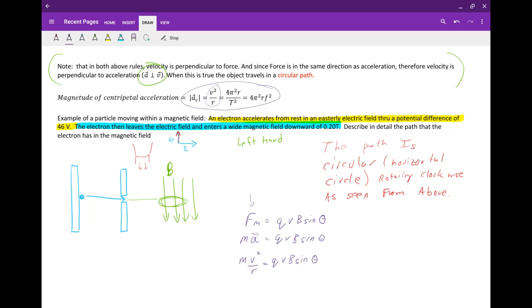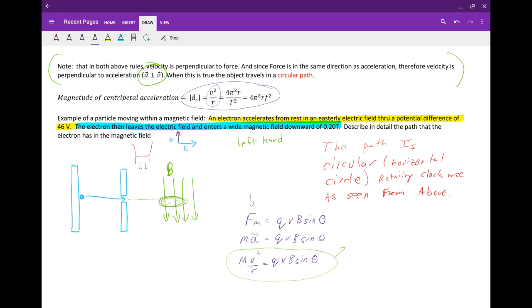And this formula right here is essentially a go-to formula for all particles moving in a circular path in a magnetic field. And if you want to find the radius of this, then you just solve for r in this formula.